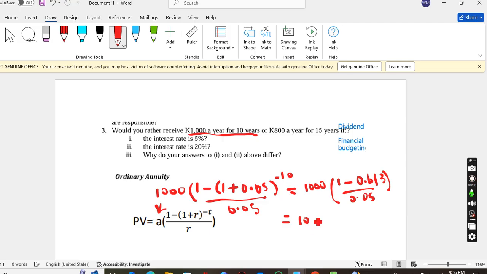Step by step, so that you don't have a problem with these calculations. 1 minus 0.613.